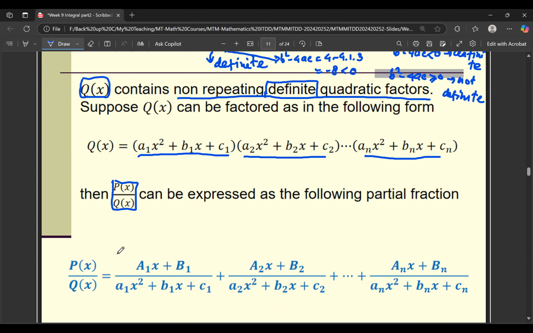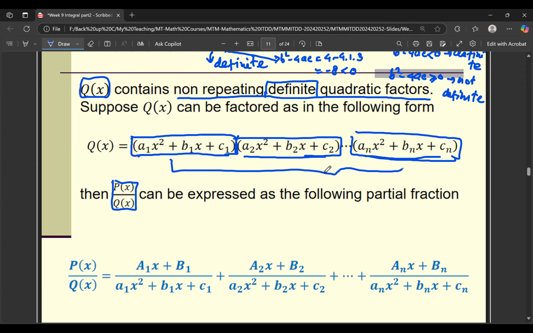For the factors of the quadratics, for example, we have n factors.